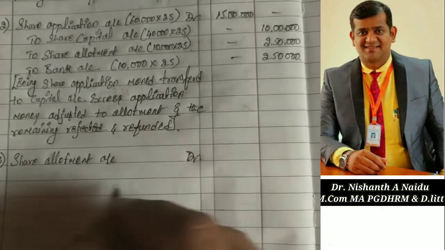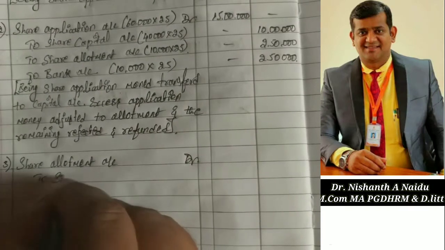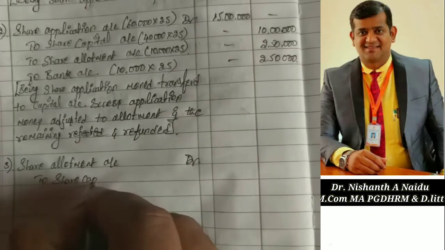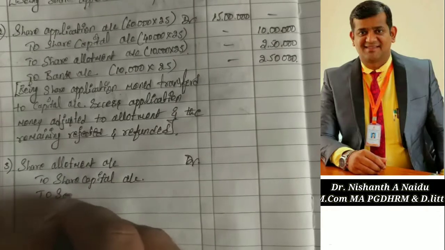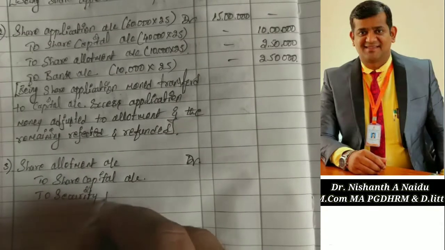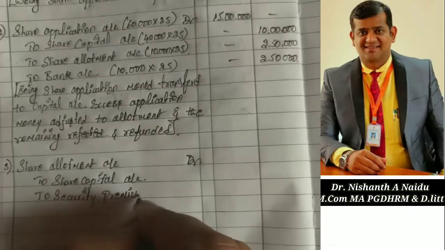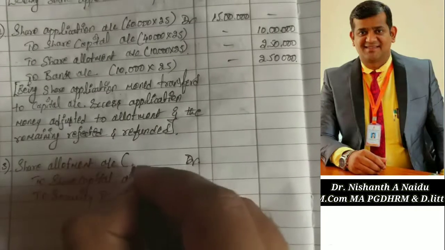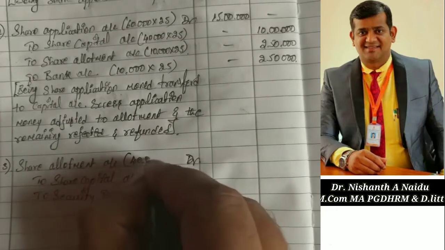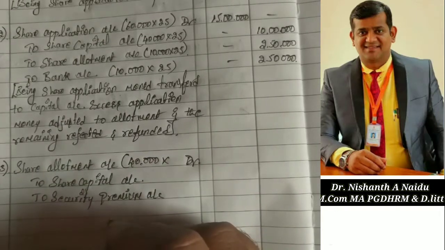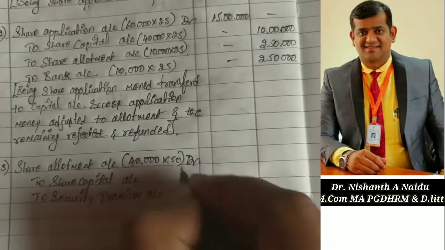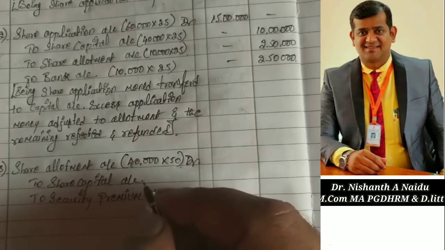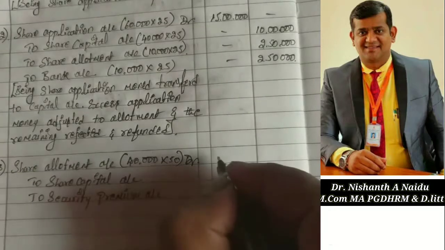So obviously share allotment account debtor to share capital account, to security premium account. So how much is the share allotment due? 40,000 shares into allotment 50 per share on allotment, which includes premium, he says. So calculate 40,000 into 50 rupees. So that comes to 20 lakh.